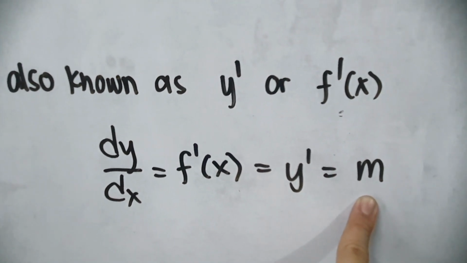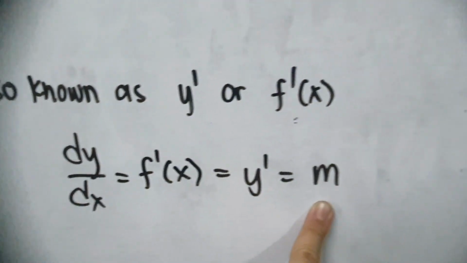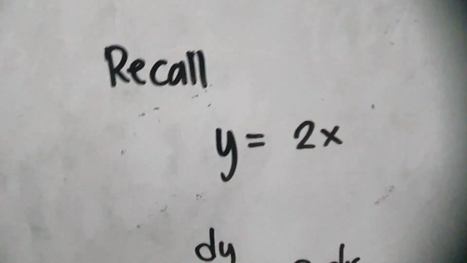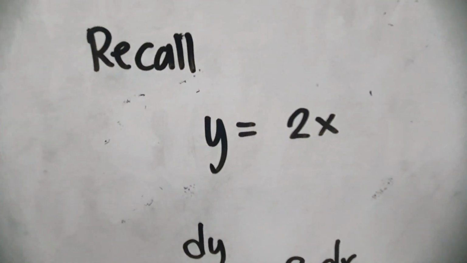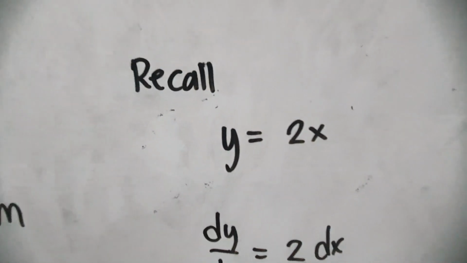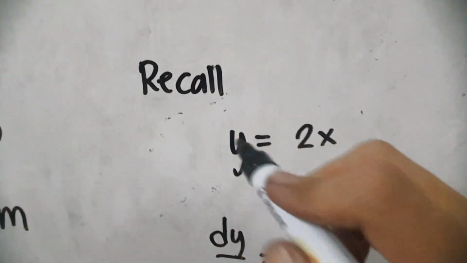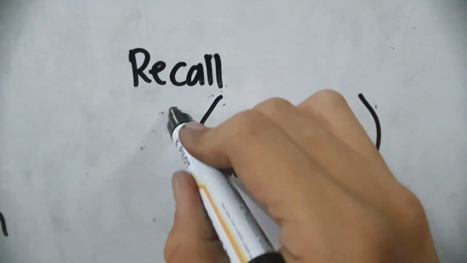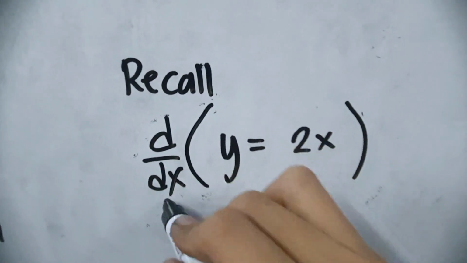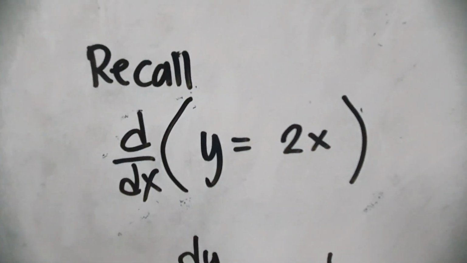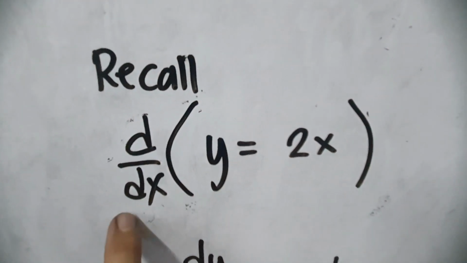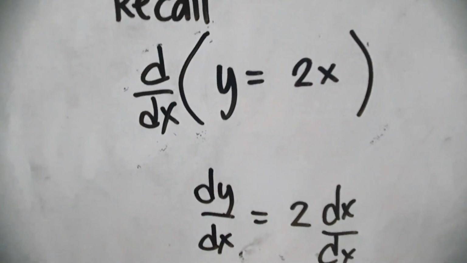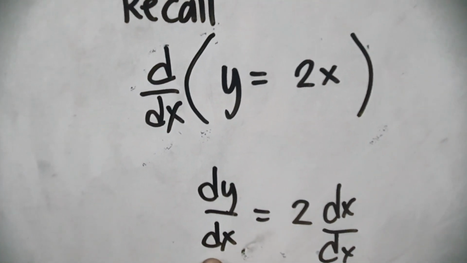Okay? So, recalling, if we're going to apply the derivative to y equals 2x, we are applying the derivative to all of the sides of the equation. So the derivative of y with respect to x is dy over dx right here.